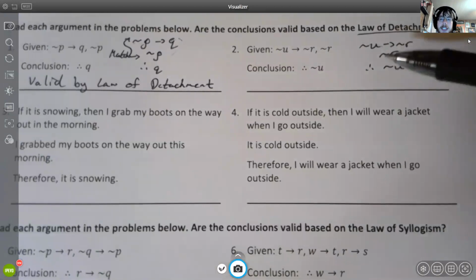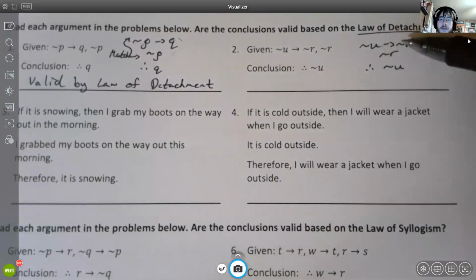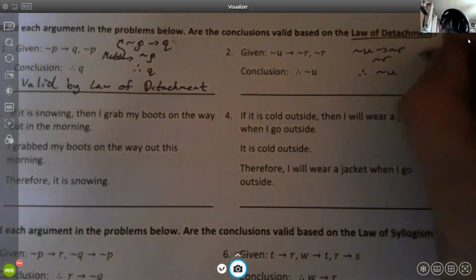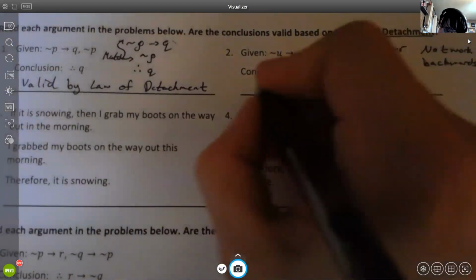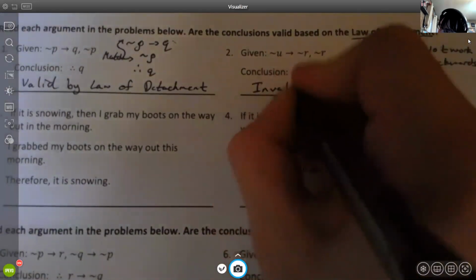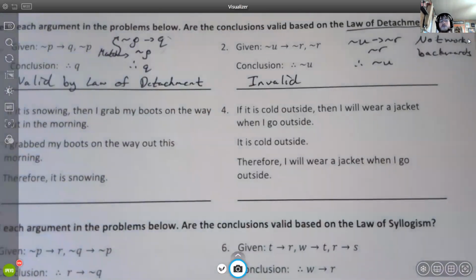And in this case, we see that not R is true, which is our conclusion. So this does not work backwards. So this is invalid. It only works forward, not backwards.